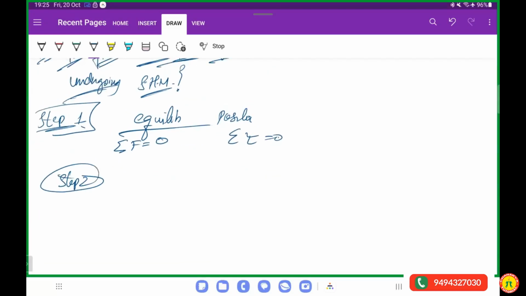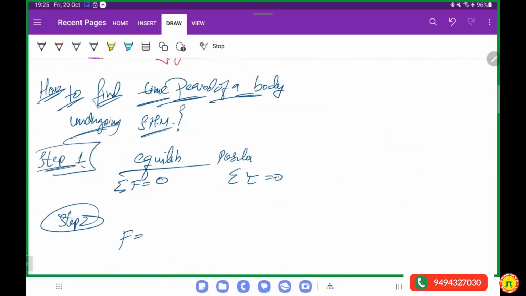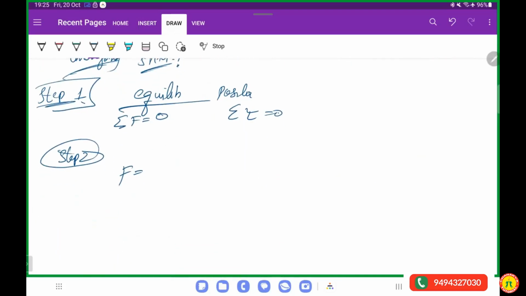Now, whenever we are displacing the body from the original position, the restoring force acting should be minus kx for translatory, and for rotational, minus k theta for rotatory.